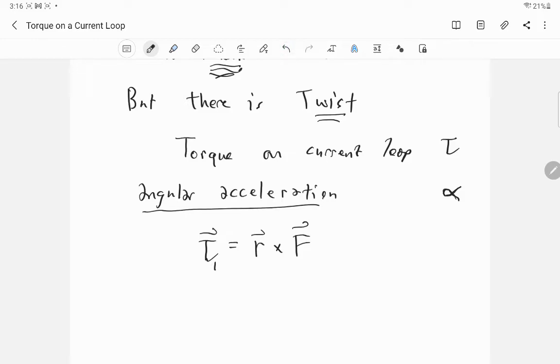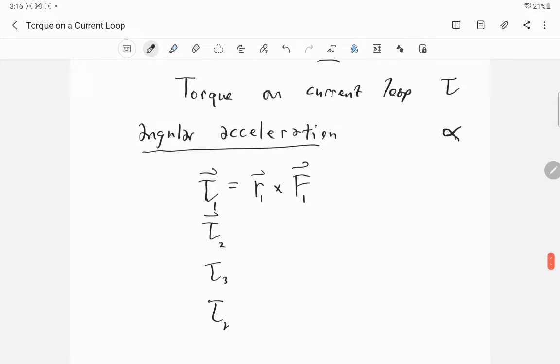You could say the torque by force number 1 is you take the force 1 and figure out where that force is acting. That's what r means. So the location where force 1 acts, cross product with the value of the force. And there's going to be a torque by 2 and a torque by 3 and a torque by 4.